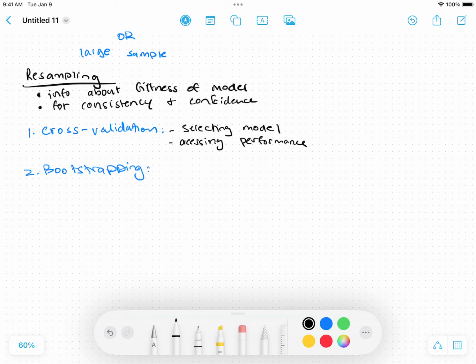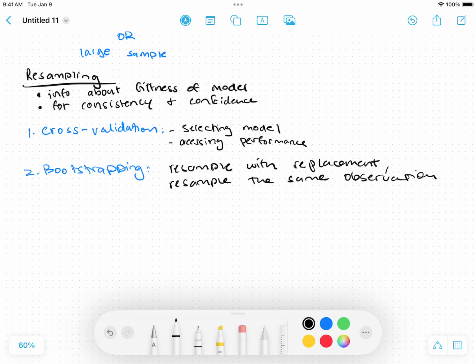So what we do is we will resample the data with replacement. So when we take the data point out, we can put it back in, meaning we can resample the same observation multiple times.